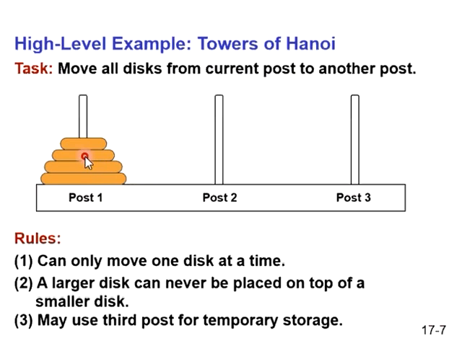Post 1 is the start post, post 3 is the end post, and post 2 is a temporary or auxiliary post. We have the rules when we play the game. We can only move one disk at a time. A large disk can never be placed on top of a smaller disk. And we may use the post for temporary storage.